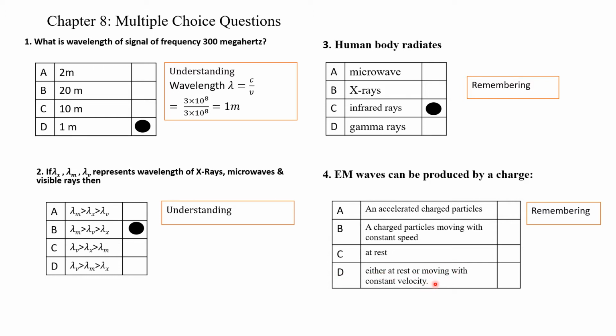We should know that an electromagnetic wave can be produced by a moving charge with acceleration. So a charged particle moving with an acceleration, with varying speed, produces an electromagnetic wave. So the correct answer is A.